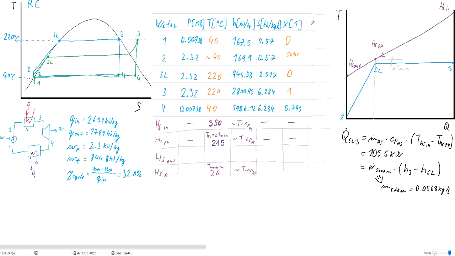So we could also add the column for the mass flow rate, where we just calculated that everywhere in the steam cycle the mass flow rate is 0.057 kilograms per second. And we had before specified that for the heat source it's 1 kilogram per second.